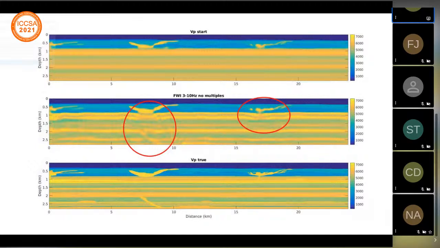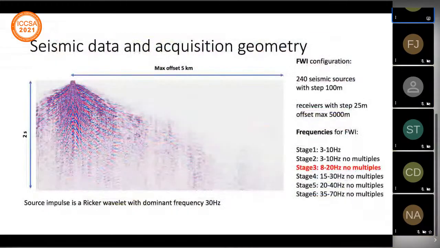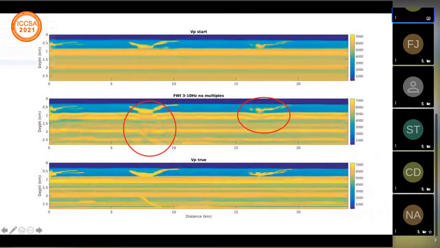Here is the reconstruction within the same frequency group, but without using surface-related multiples. And now our area of interest is the whole model. One may see that we started to reconstruct the area beneath the high-velocity anomalies.